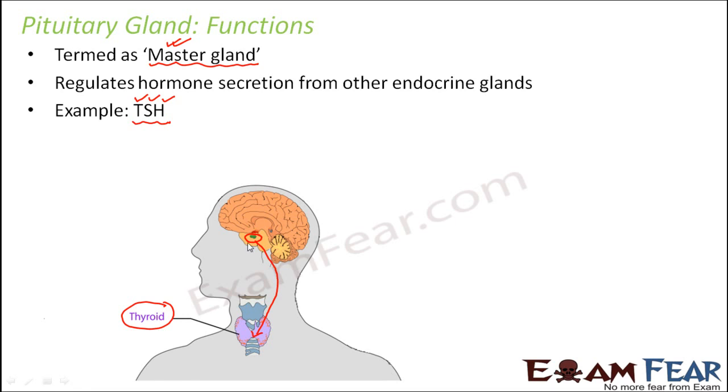With the help of the hormones which it secretes. The pituitary gland actually sends instructions to the thyroid gland and thus stimulates the synthesis and secretion of the thyroid hormones from the thyroid gland. Similarly, all the other hormones secreted from all the other glands are also under the control of the pituitary gland. That is why it is the master gland of the body.